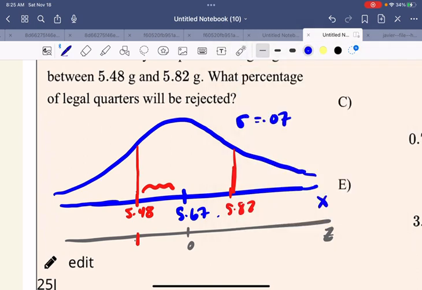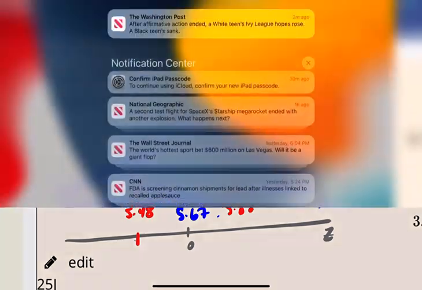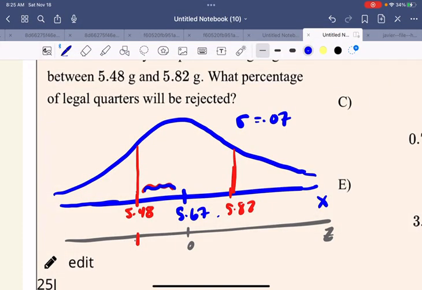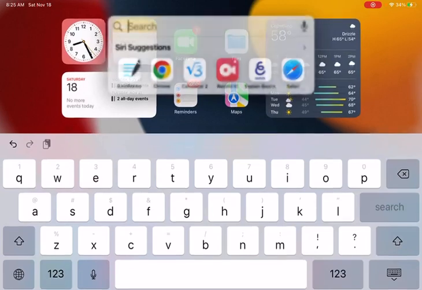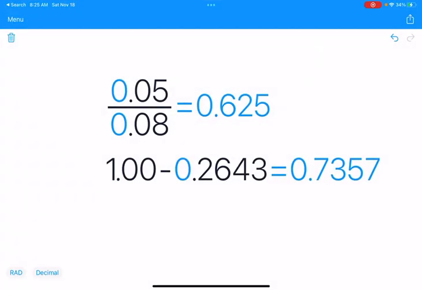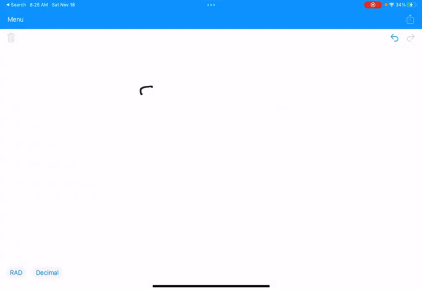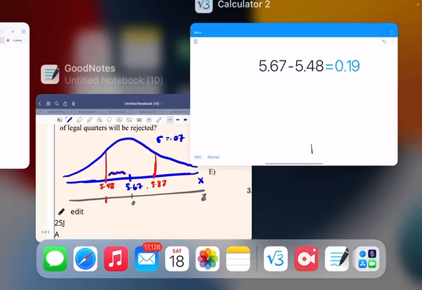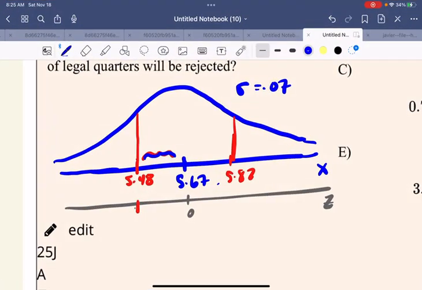The distance here will be 5.67 minus 5.48. That's 19. So this is 0.19. That's the actual difference in grams.